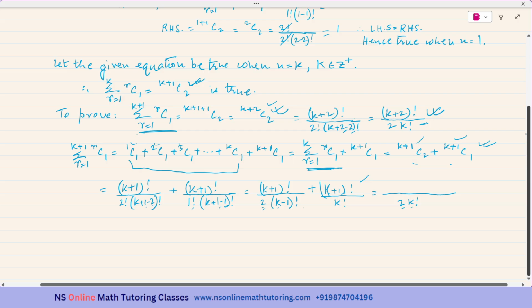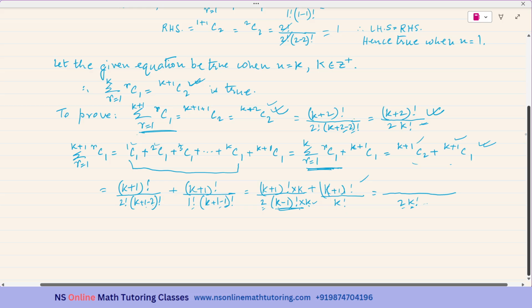So if I rather multiply K with both the numerator and the denominator, this K times K minus 1 factorial becomes K factorial. Okay. I have multiplied with K just to get the K factorial that I need in the denominator. So K times K minus 1 factorial is K factorial.